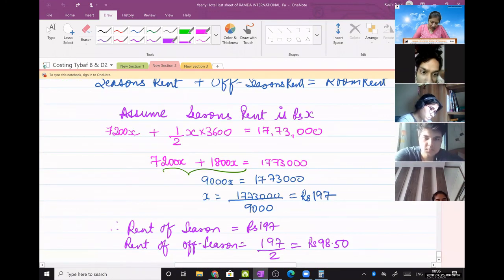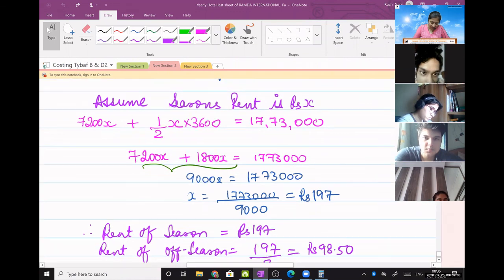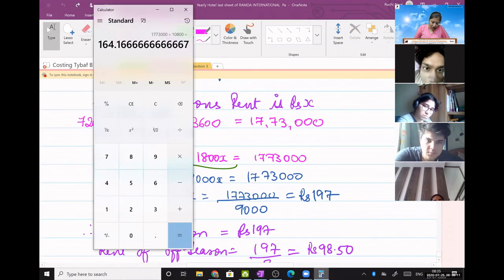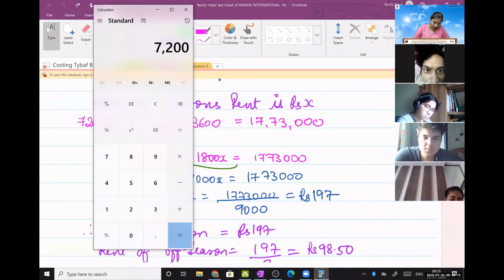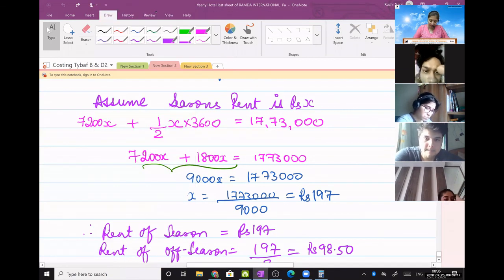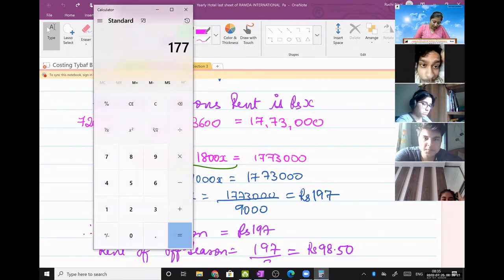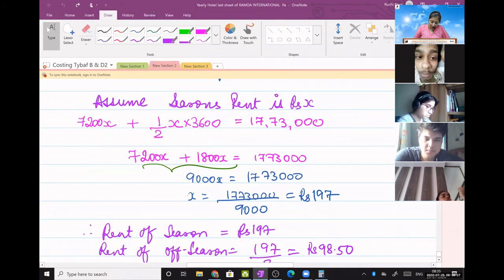So we will get 1,800x. So 7,200 plus 1,800 is 9,000x. 17,73,000 divided by 9,000. X is 197.